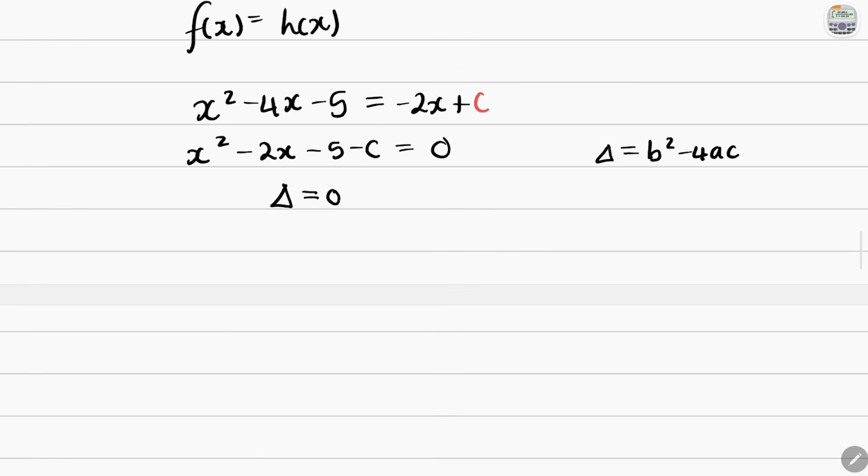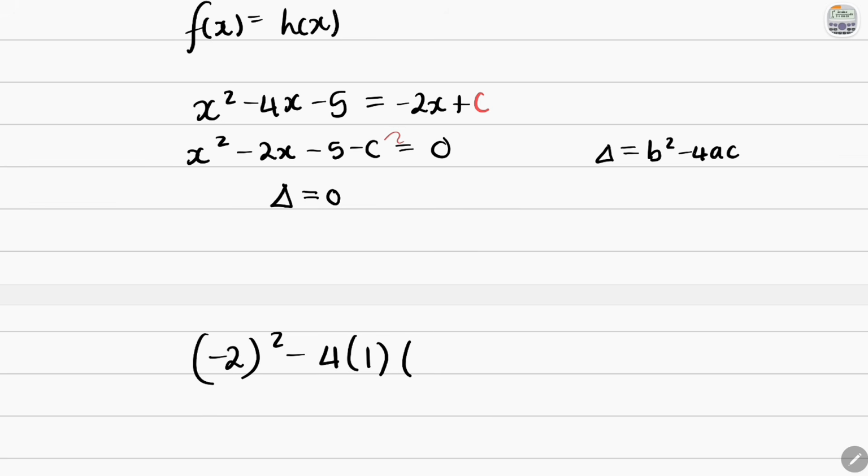Okay, so we're saying the discriminant is equal to 0. And so that is b squared minus 4ac. B is negative 2 all squared minus 4 multiplied by a. And we can see the coefficient of x squared is 1. And then c, I feel like I should have called that something else instead of c, but it's fine. So c is whatever the constant is. The constant is whatever does not have x.